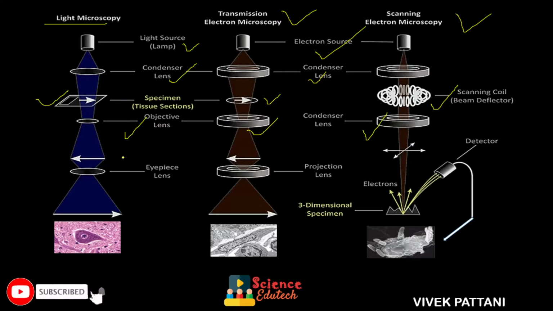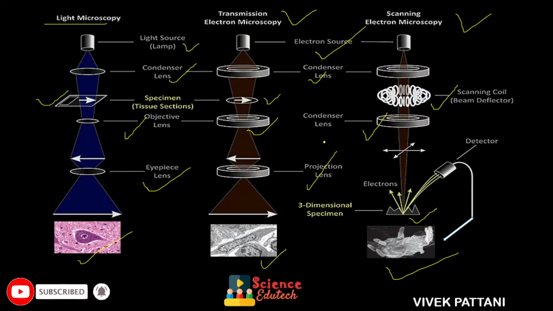Then comes the eyepiece lens in light microscopy, and the projection lens in transmission electron microscopy. In scanning electron microscopy, the specimen comes here. You see the image through the eyepiece in light microscopy, the image through the projection lens in transmission, and a three-dimensional structure in scanning electron microscopy.